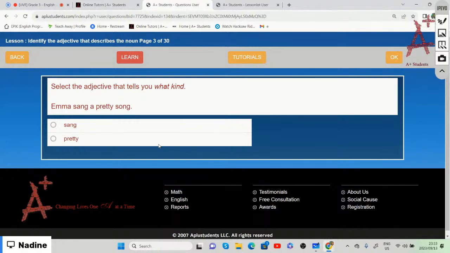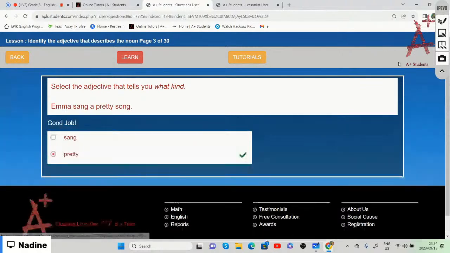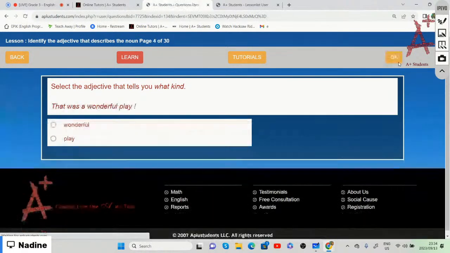So we need to select the adjective that tells you what kind. And if we look at the sentence, Emma sang a pretty song, then we will select the adjective as pretty. And pretty tells us what kind of song Emma sang.